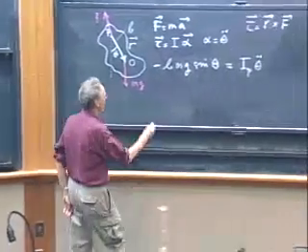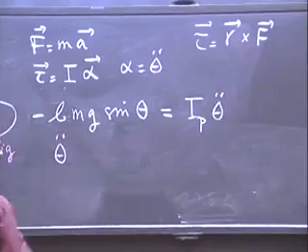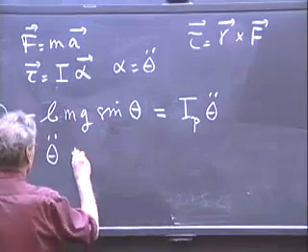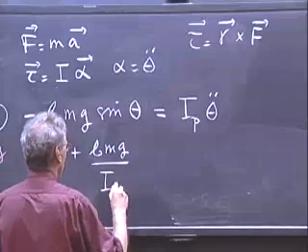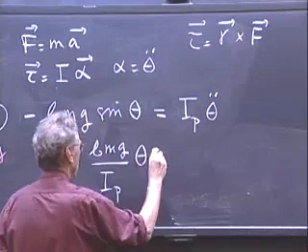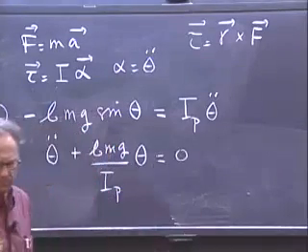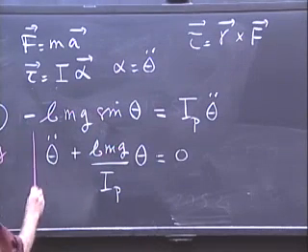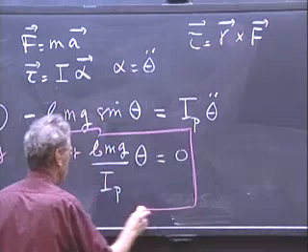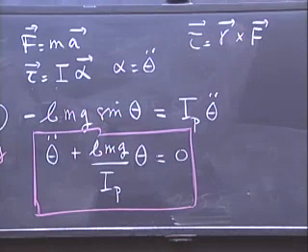And so I can rewrite this: theta double dot plus bmg divided by the moment of inertia about point P times theta equals 0. And now, with small angle approximation, we have a differential equation which is again a piece of cake. Simple harmonic oscillation.